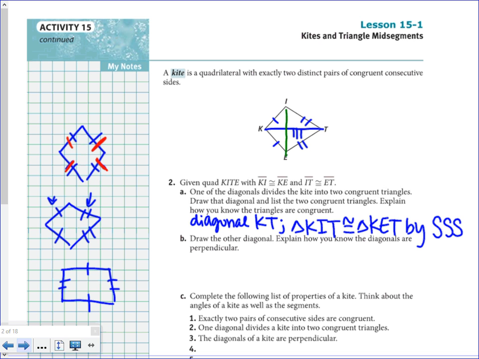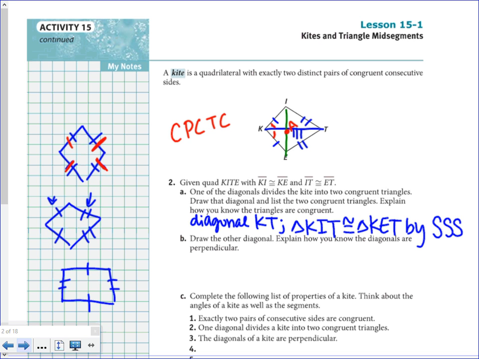And we want to explain how we know that they are perpendicular. How do we know that they form a right angle? So, in my figure, to start with, I have two angles that have a common vertex of K. Angle IK, I'll name this point A. So IKA, and angle EKA, and those angles are congruent by CPCTC.